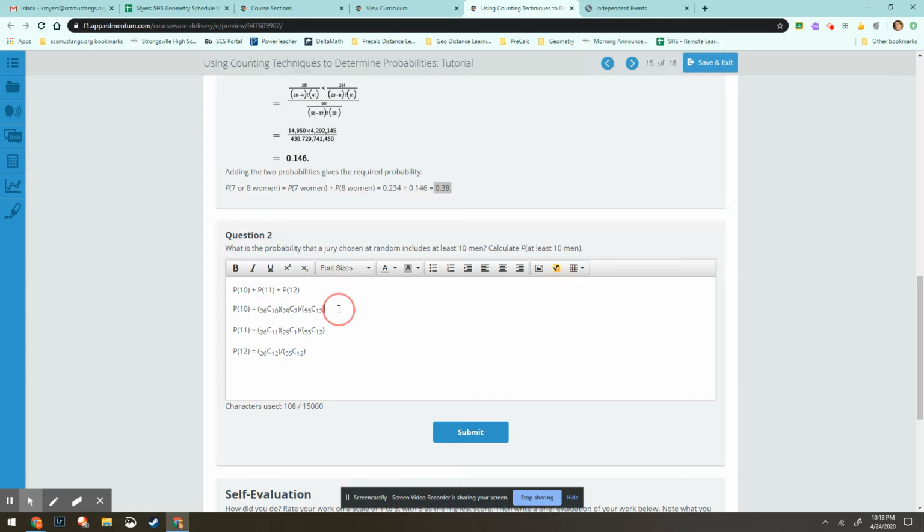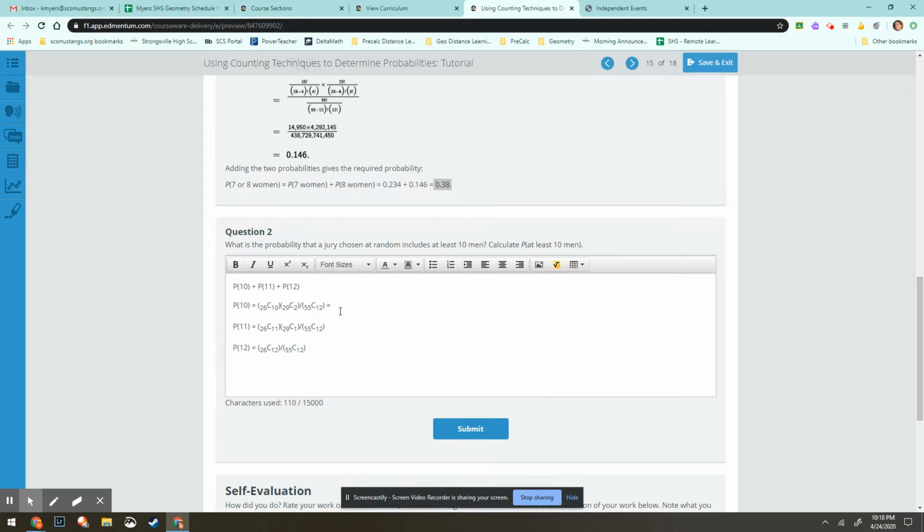Okay. And then to figure out these individual probabilities, again, you use your calculator. The probability of 10 men would be 0.005. We actually figured this out in the last activity. The probability of 11 men would be 0.0005.